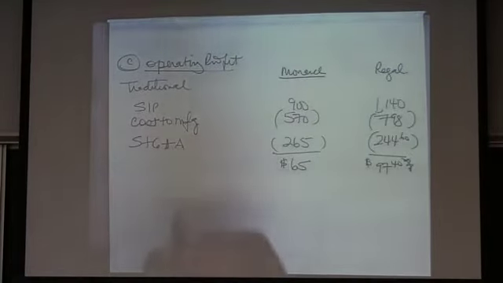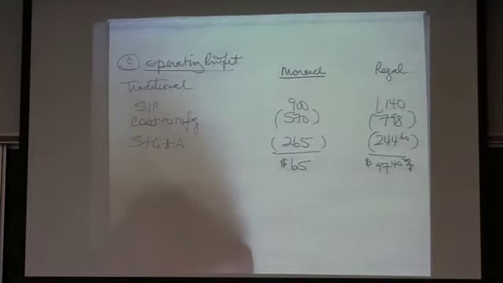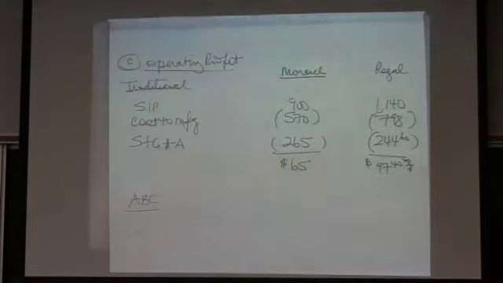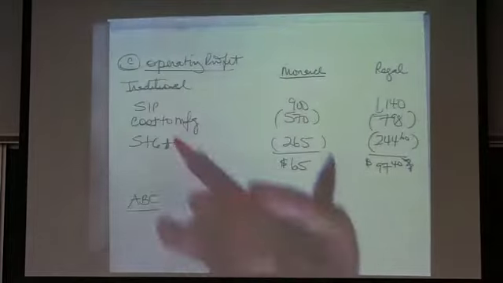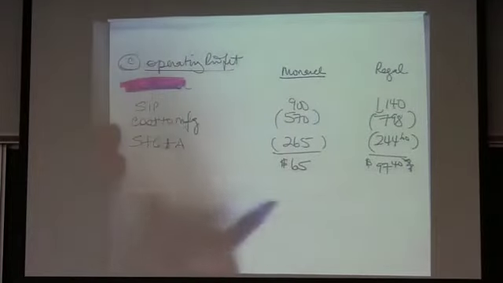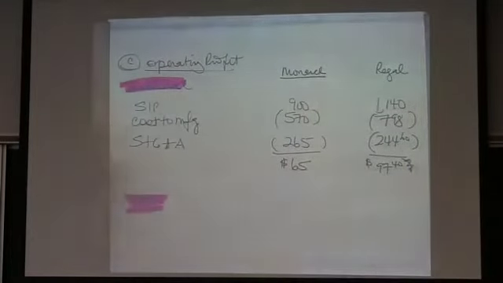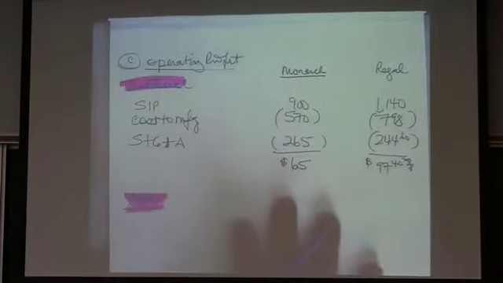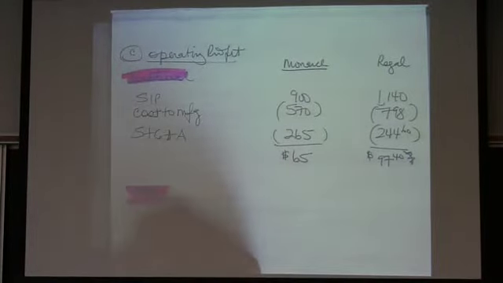Now, using ABC, what do we see? Okay, using ABC, I get selling price should be the same.